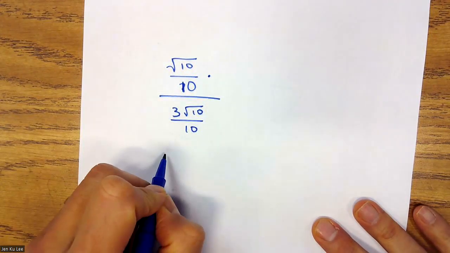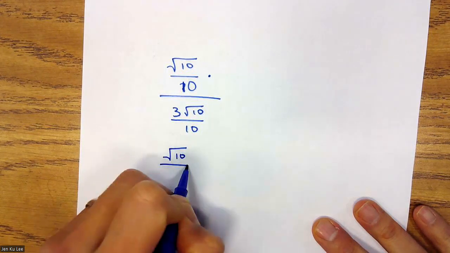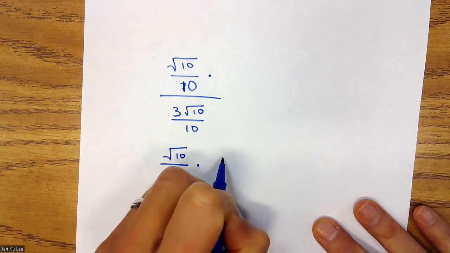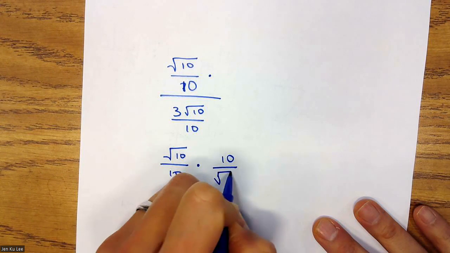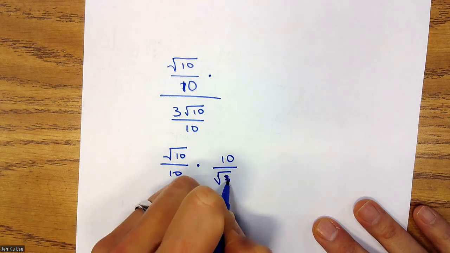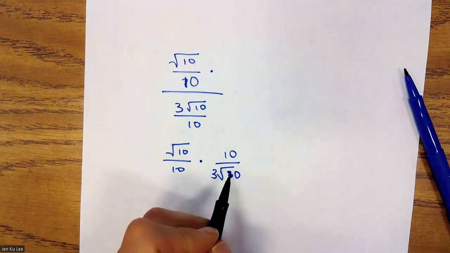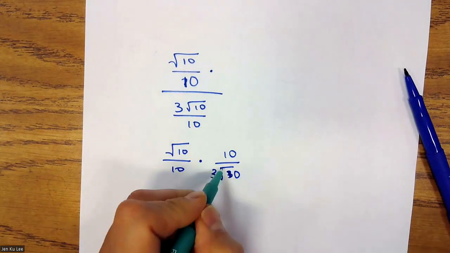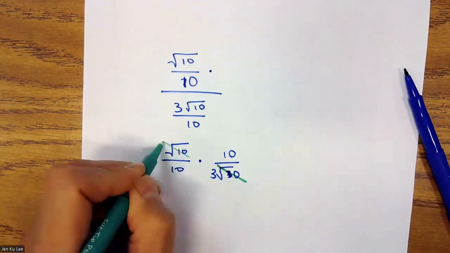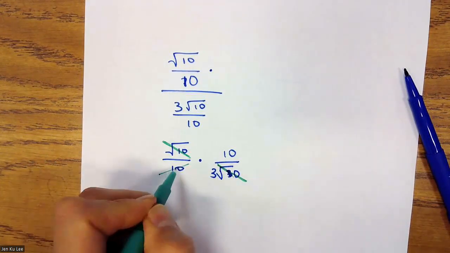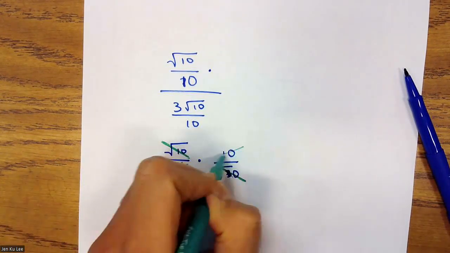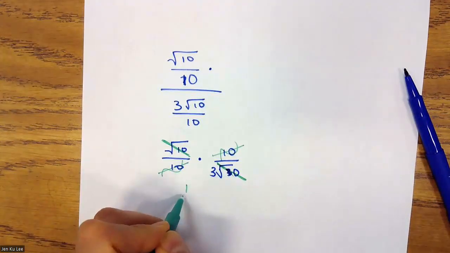Multiplying by its reciprocal, so square root of 10 over 10 times 10 over 3 square root of 10. So then these square root of 10s would cancel out. These 10s would cancel out, and you're just left with 1/3.